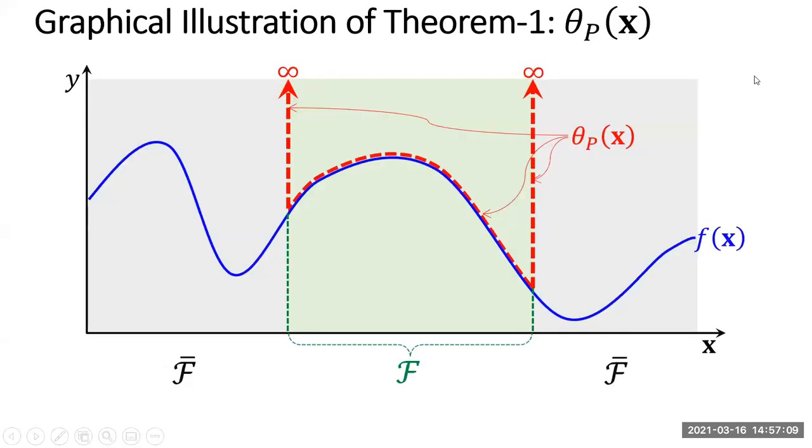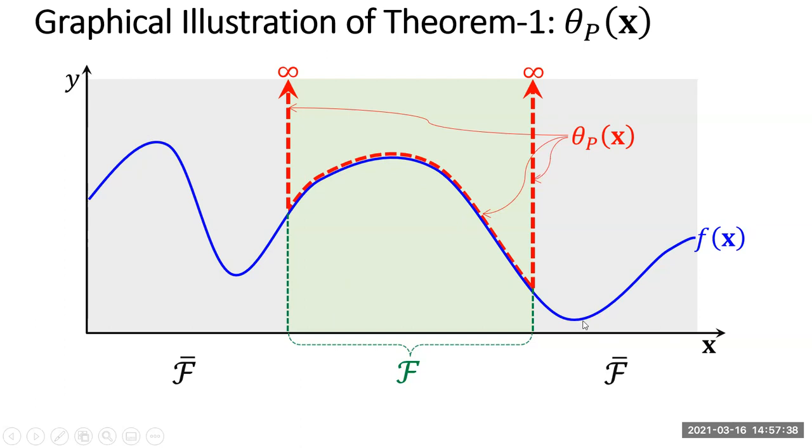So this is just a graphical illustration of what we just proved, theorem 1. This is the function. Oh, sorry, we are looking at minimum. This is a function f of x, and we want to minimize it, right?